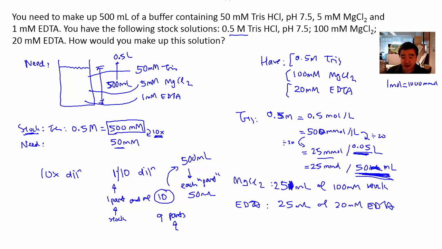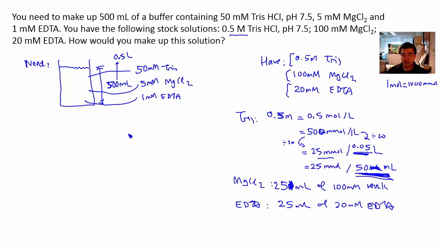Okay, let's try that calculation for the MgCl2 as well as the EDTA. Okay, so for your MgCl2, our stock MgCl2 is 100 millimolar, and what we need is 5 millimolar.